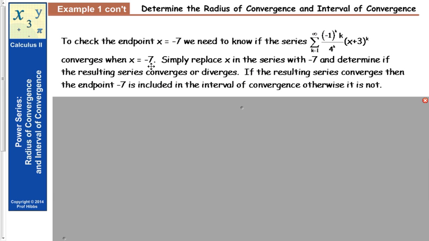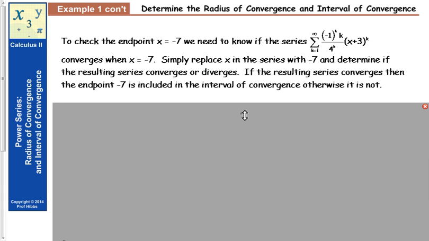Every time we change x, there's a new series. So which ones of those converge? We want to know, does it converge at the endpoint, negative 7? So we replace the x in the series with the value negative 7, and then we check to see whether that series converges or not.